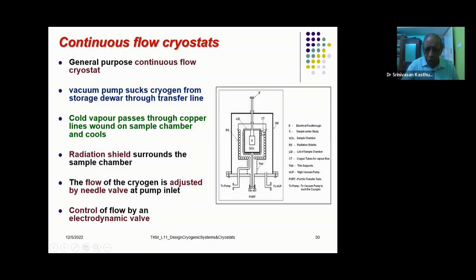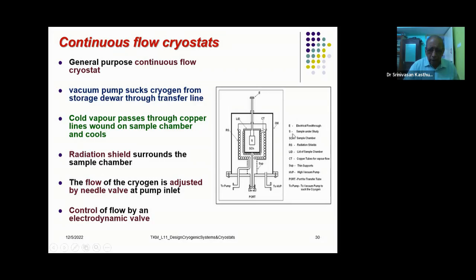The same pipes are wound completely on the radiation shield, and before it exits to the mouth of a pump. So what is the advantage of such a system? The advantage is you are not directly dipping your sample inside the cryogenic fluid. Instead, you are using the complete enthalpy of the cryogenic fluid for cooling. So this is called a continuous flow cryostat system.